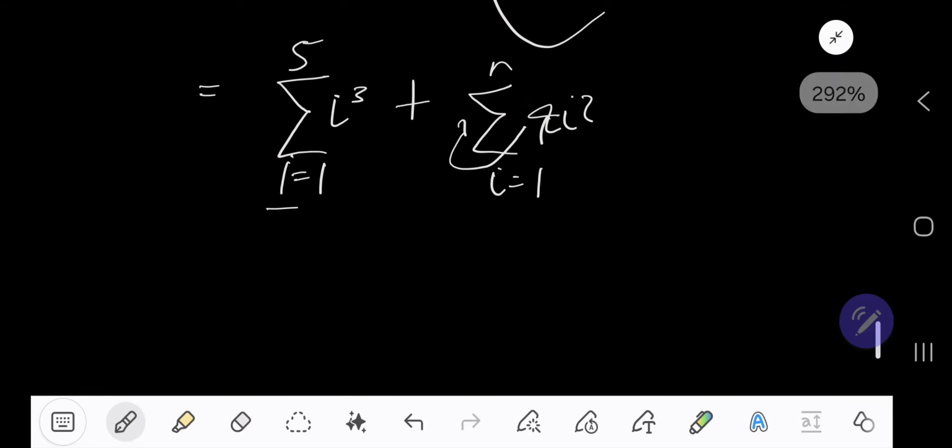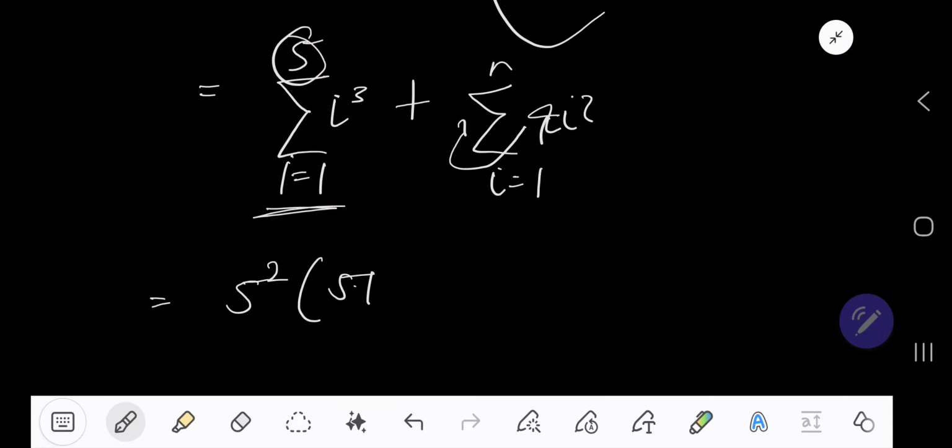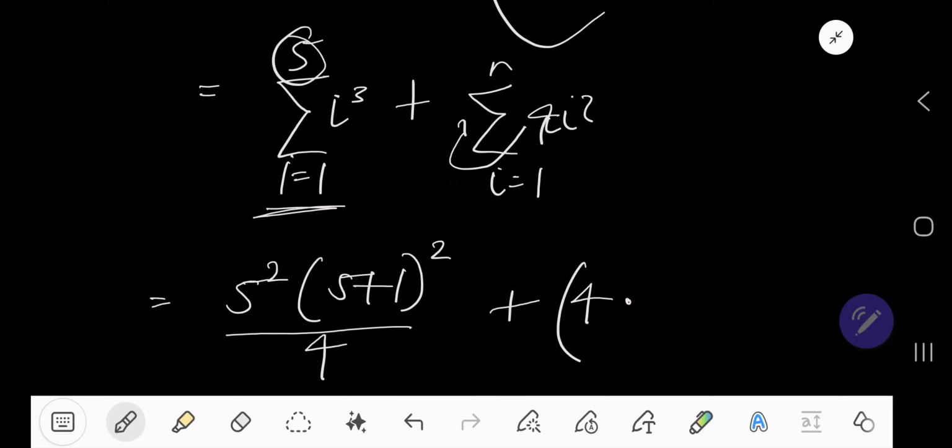First, we'll use the i cubed formula. The i cubed formula equals n squared times (n plus 1) whole squared, divided by 4, where n is 5 here. Plus we've got 4 multiplied by the i squared formula.